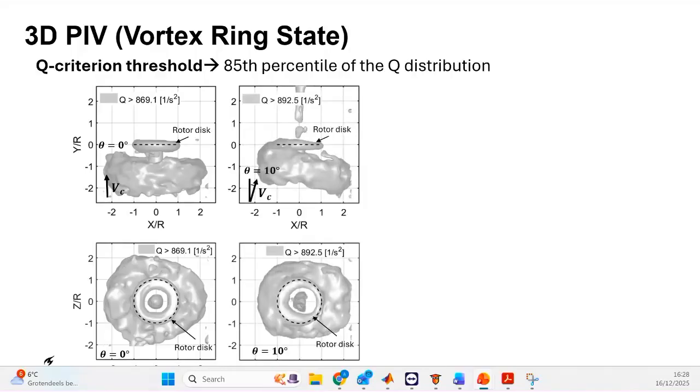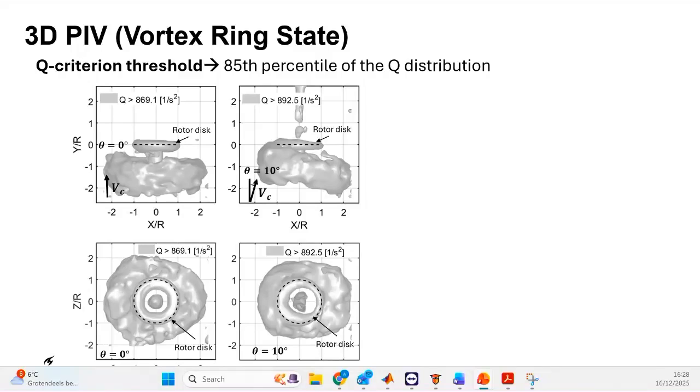So here we can see how this vortex totally changed its shape. Here the vortex starts entering the rotor disc, while on this side it is more or less in the same position. The vortex moves a little bit upstream, but we still keep the position of the vortex.